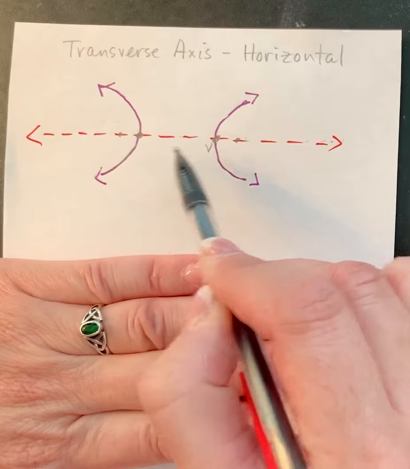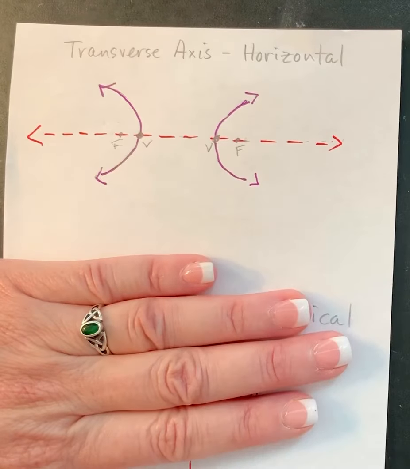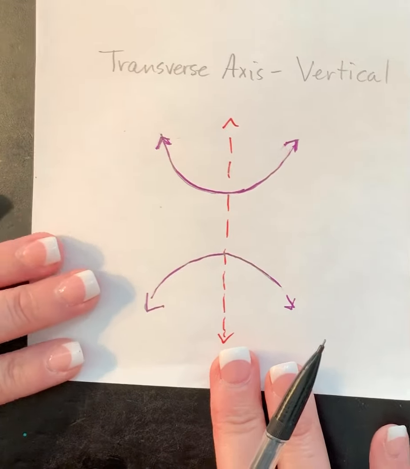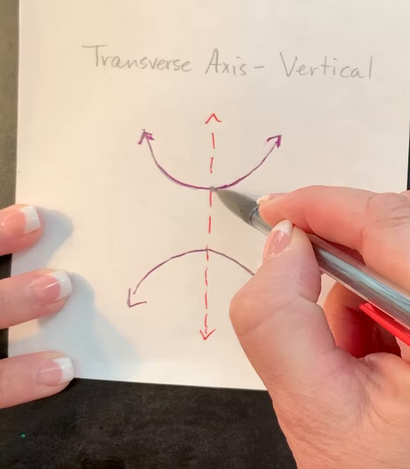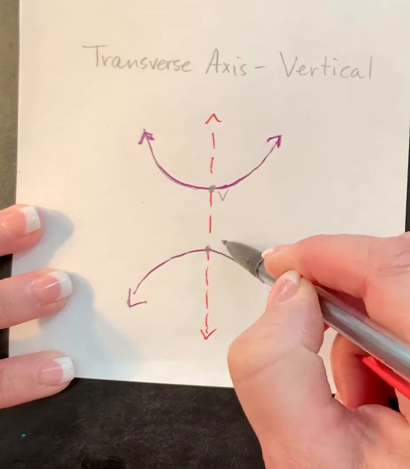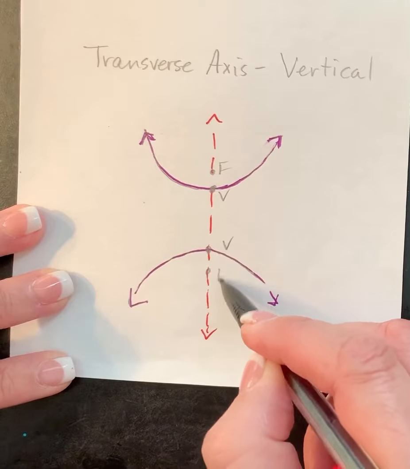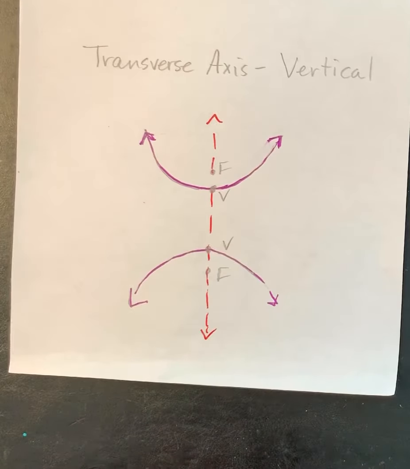So that's a vertex, that's a vertex, that's a focus, that's a focus. Or the transverse axis can be vertical. Here's a vertex, here's a vertex, and here's where the foci would be, on the vertical transverse axis.